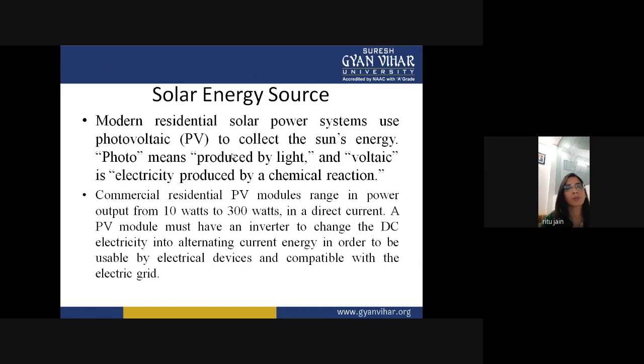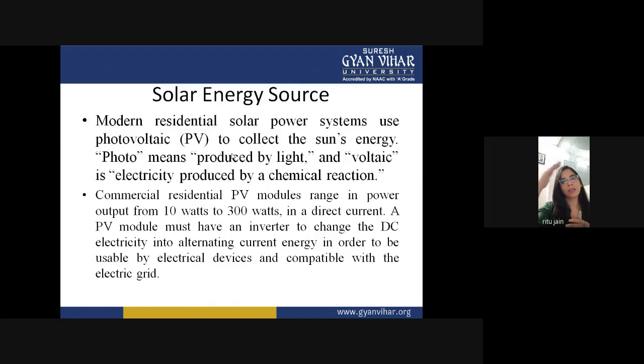commercial residential PV modules. Actually, what are PV modules? I think I must explain to you. PV modules are made of semiconductor devices like PN diodes. Okay, so PN junctions. These are connected in series or parallel to form an array.